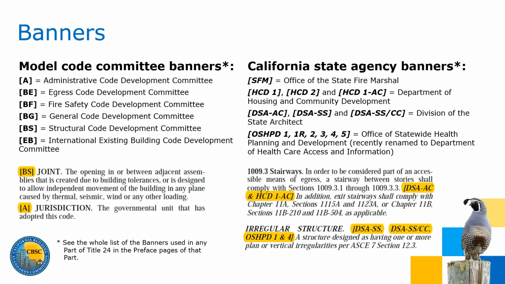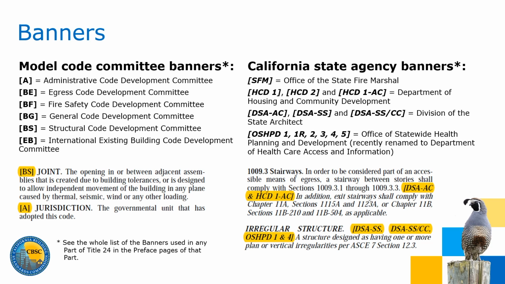California state agency banners serve as markers for California amendments to highlight regulations for specific applications and may include multiple agencies if they co-adopt a code for a certain occupancy or application. Not every California amendment has a banner though, as there are too many California amendments in the code to banner them all.